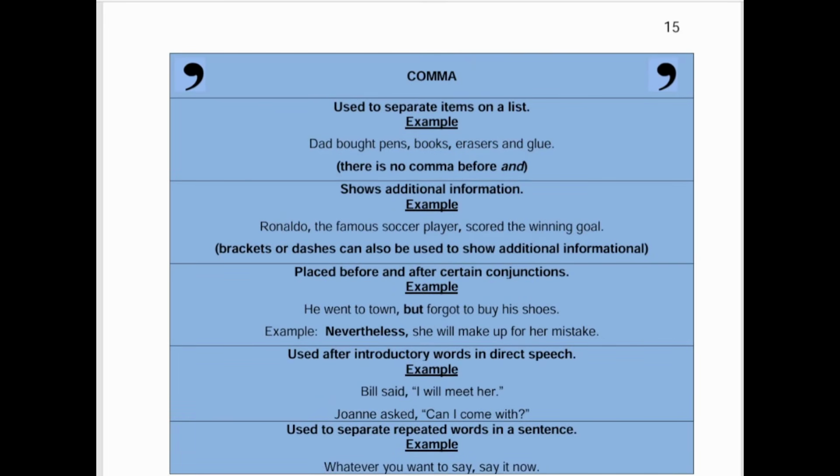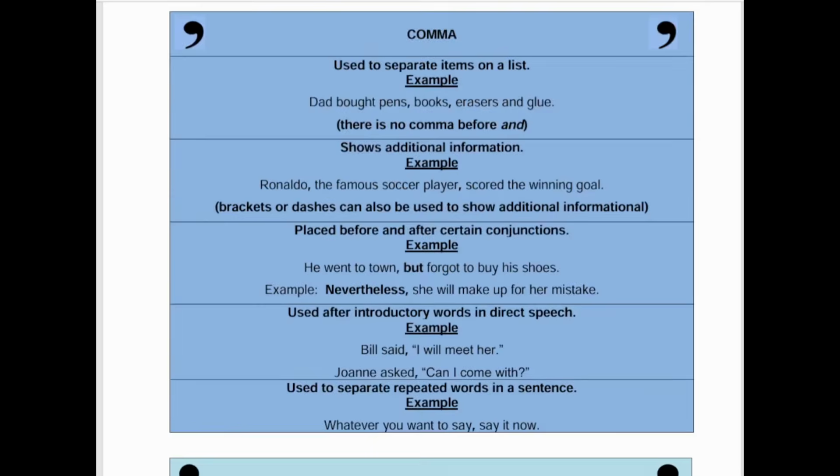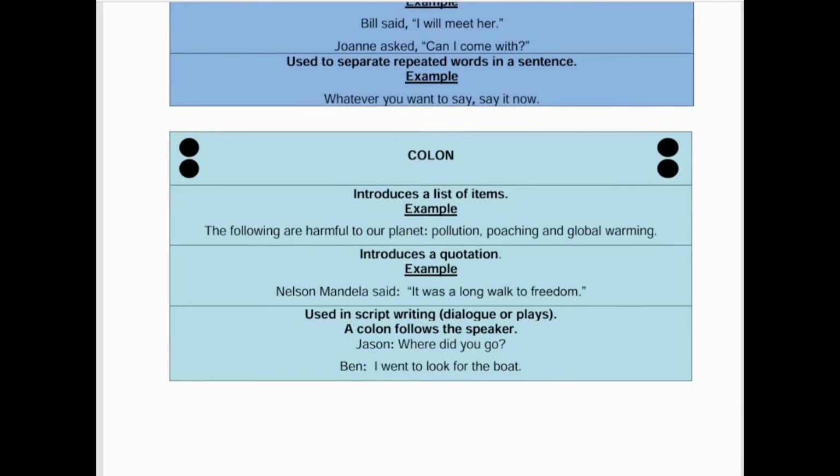The first example was Dad bought pens, books, erasers, and glue. From this statement, you can also use a colon to show the list of items that Dad bought. So you can write, Dad bought: pens, books, erasers, and glue. So a colon is used to introduce a list of items.